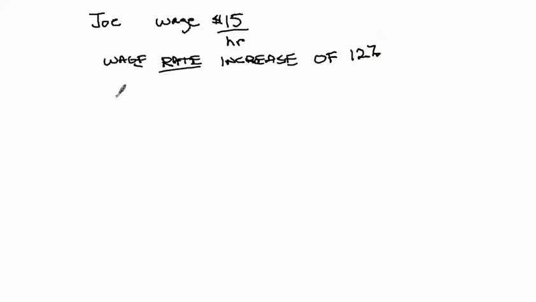Well, first of all, we know 12% in decimal form is 0.12. Okay? And so this 12% increase, we would simply take and multiply this 0.12 times 15, which is going to give us, and let's bring out our calculator here.